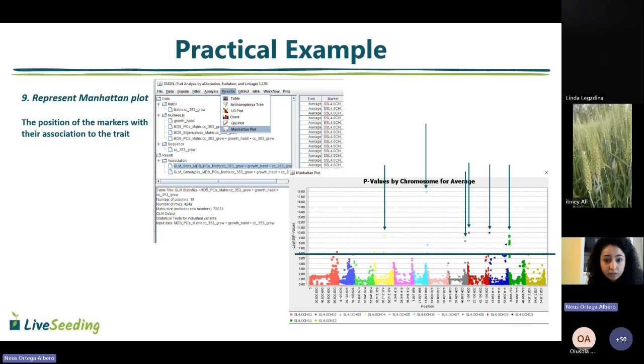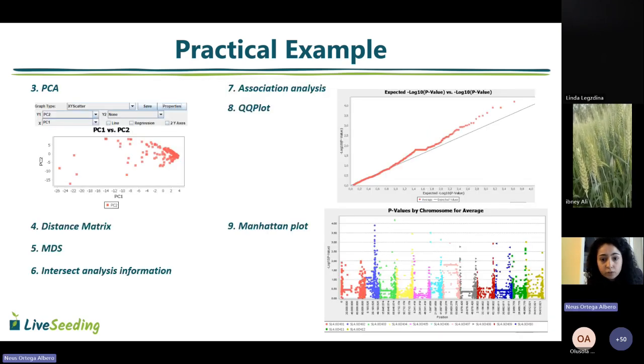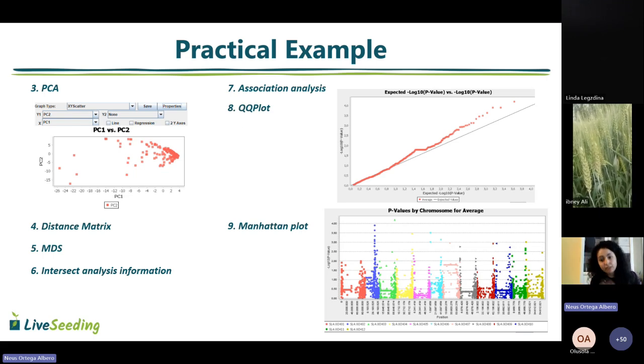But in the second case, we didn't obtain any QTL, any genomic region, any gene associated with the trait. That doesn't mean that this phenotype does not depend on genes. All phenotypes depend on the expression of a gene. What that means is that with the population that we have, with the information we provide, we are not able to find this gene-trait relation.